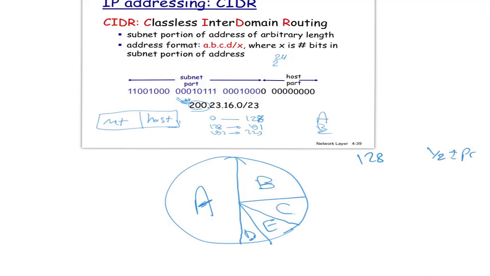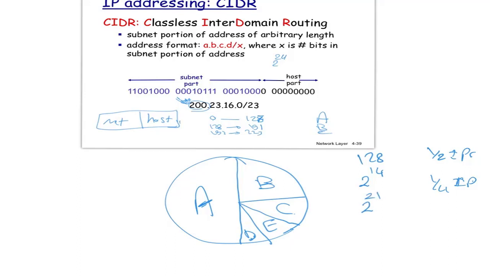Okay? In class B, you have 2 to the power 14 networks all over the world. You have many, many networks all over the world. Okay? These networks collectively have 1 over 4 of the IPs. For the case of class C, who remembers? 2 to the power 21 networks.